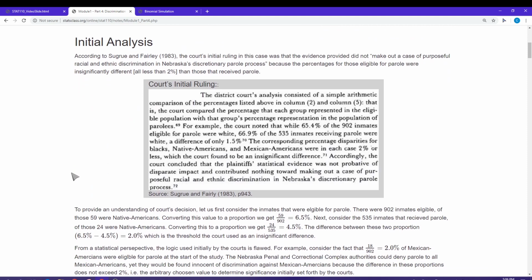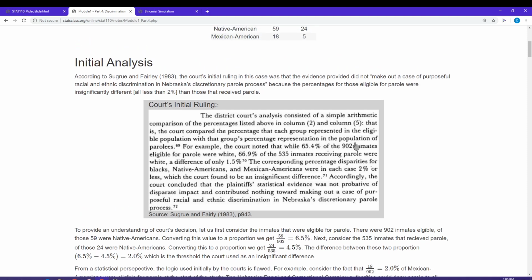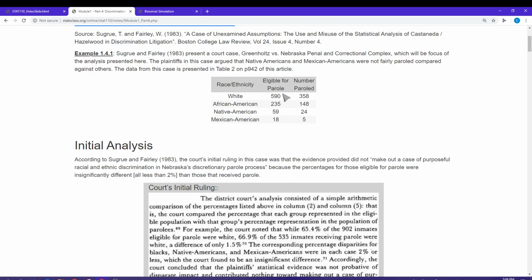So let's talk a little bit about what the court ruling was in this case. And this is an excerpt directly from the article provided up above. What they did is they looked at the proportion of individuals of a particular race or ethnicity, and the number of people that were eligible for parole.